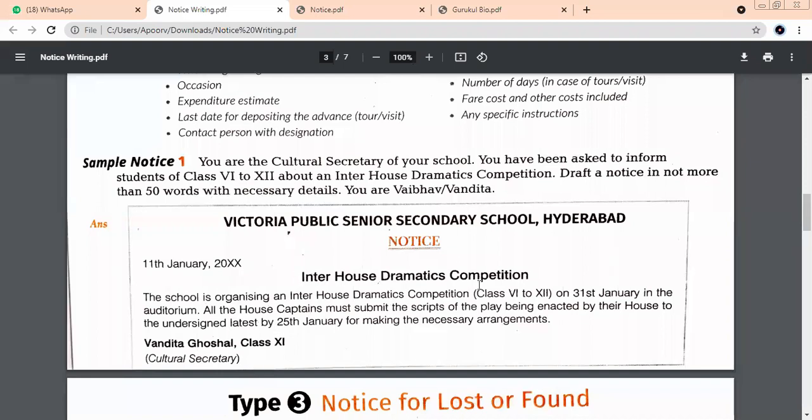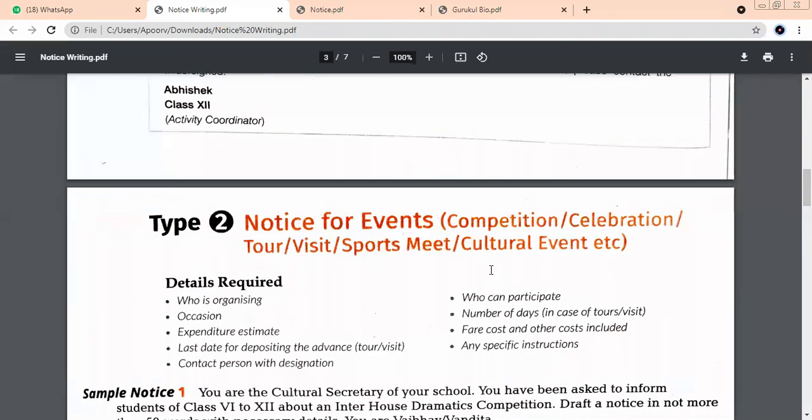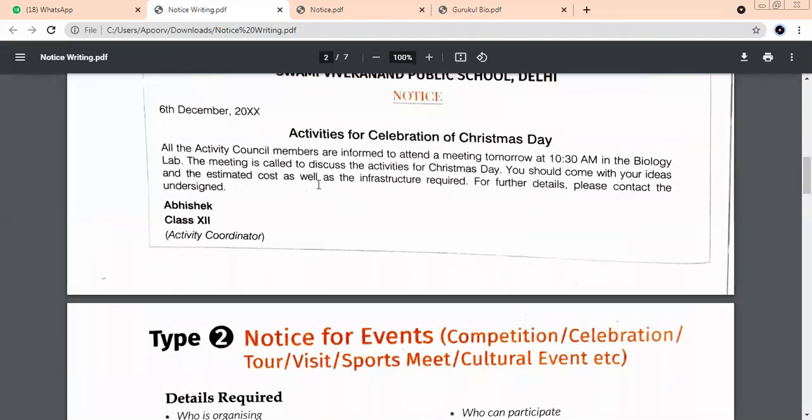See, when you write the subject of the notice, be very careful that only the first letter has to be capital. Let me go back to this. See over here. Except for prepositions and conjunctions, all other words should start with a capital first letter.